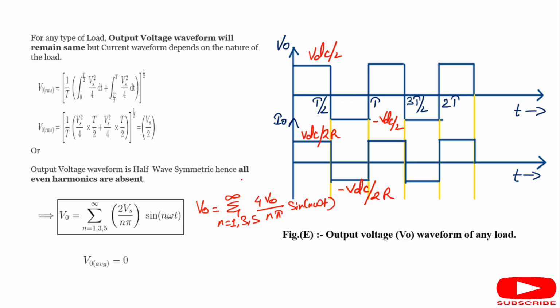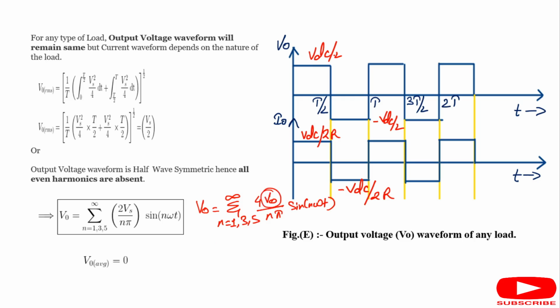Because the waveform is half wave symmetric, it will only exist for odd harmonics, it will not exist for even harmonics. That's why n is 1, 3, 5 up to infinity.